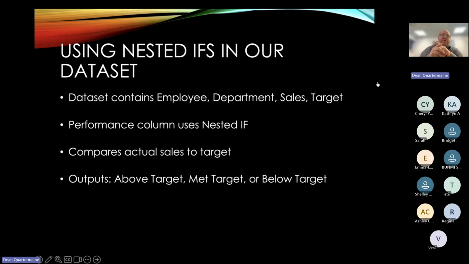And then I'm going to use a nested if statement in the fifth column to understand the performance, i.e., is it above the target? Has it met the target? Or is it below the target? And like it says on the slide, we're just going to compare actual sales to target, and output above target, met target, or below target, depending on whether we're above, met, or below.